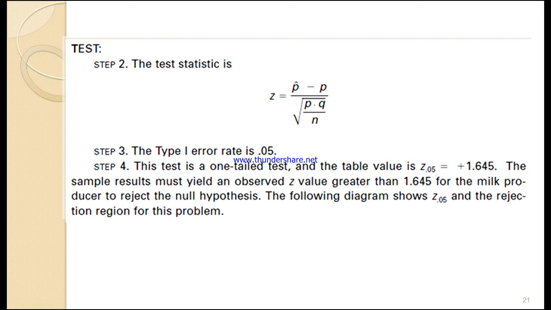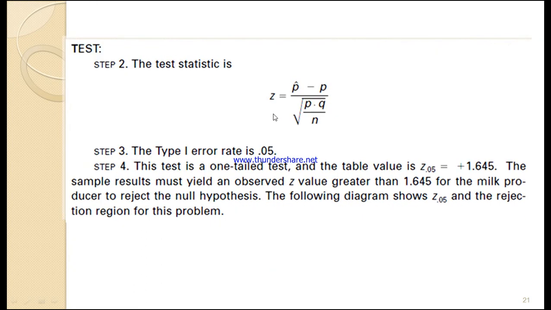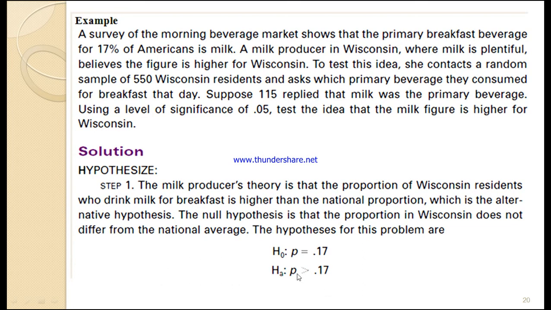We are testing the hypothesis at 5% level of significance. Therefore, alpha or level of significance is 0.05. Then the next step is identifying the type of test. Our test is a one-tailed test because in the alternative hypothesis the sign is greater than.